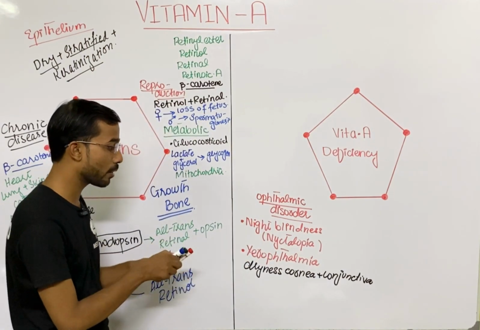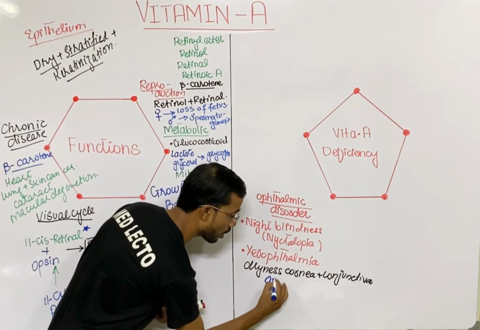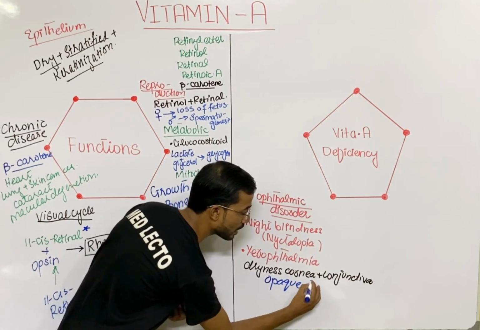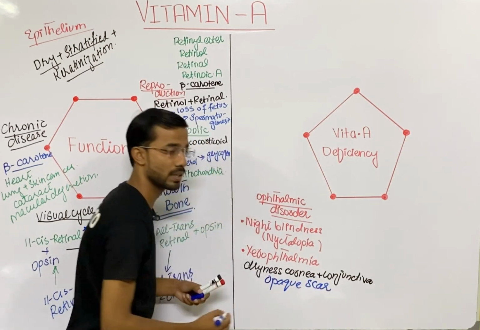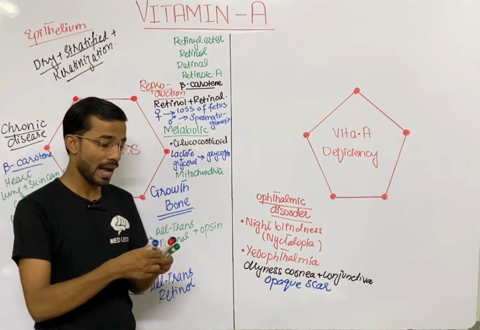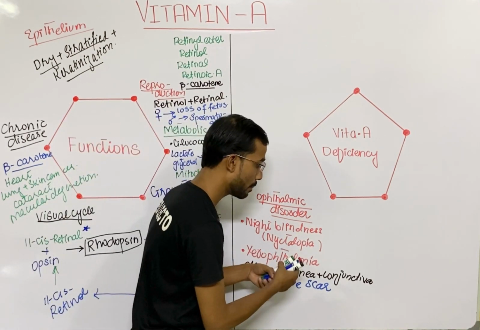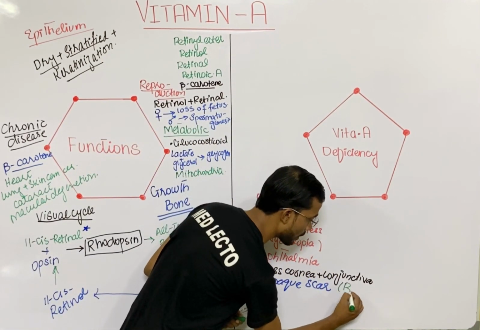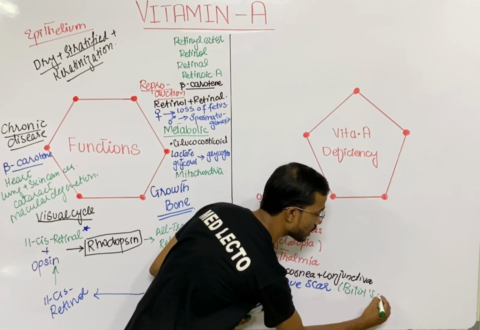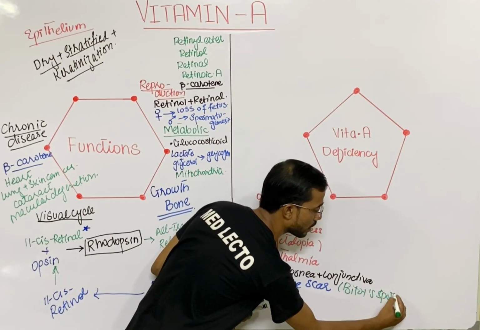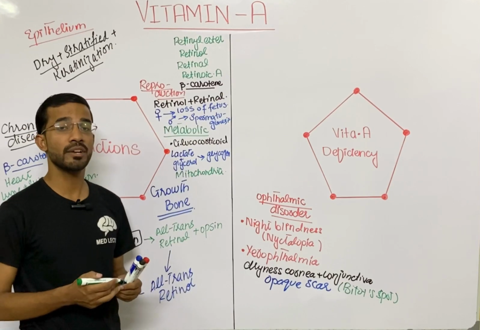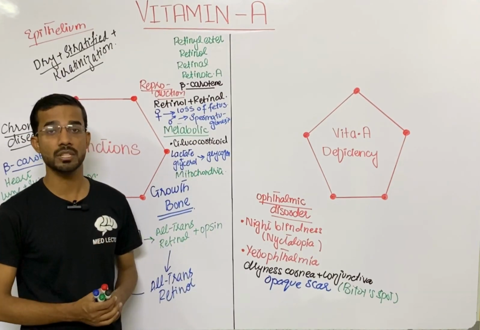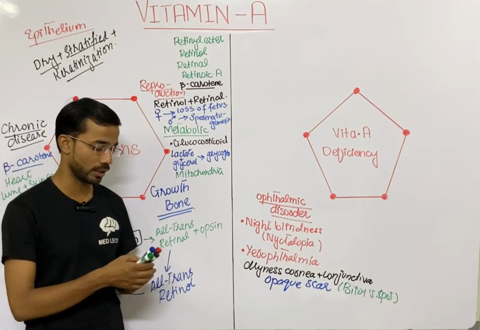Ultimately you will see the formation of opaque scars in the cornea, and that is called Bitot's spot. These are the different conditions in xerophthalmia, dryness of the cornea and the conjunctiva.